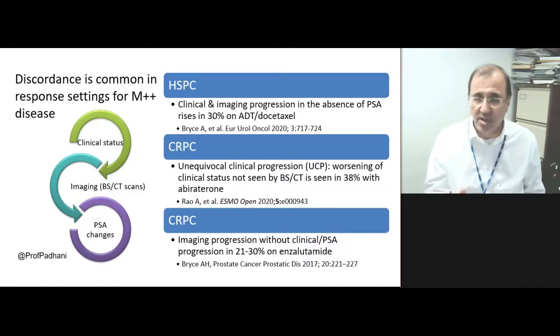And that is because there are numbers of instances where patients will be progressing clinically and you don't see anything change on imaging. So, for example, in castration-resistant prostate cancer, you can have a deteriorating clinical state without a changing bone scan or CT scan state in up to 40% of patients with abiraterone, and these people have a worse prognosis.